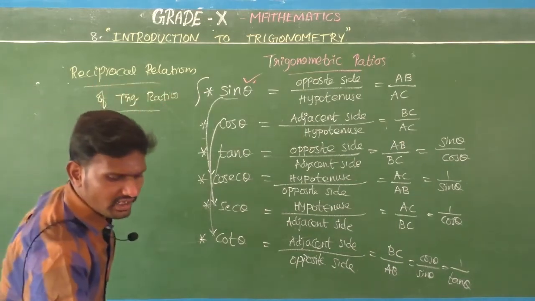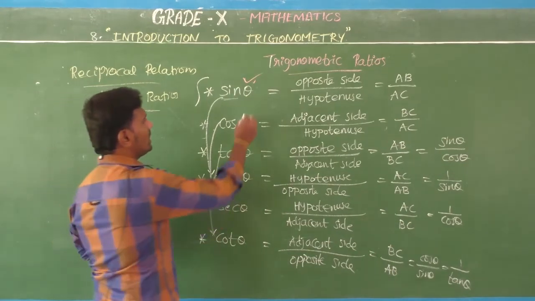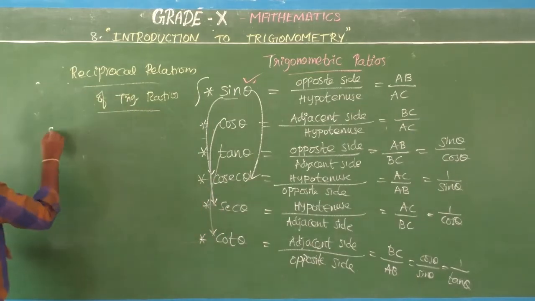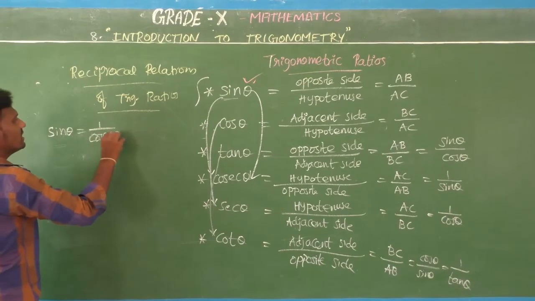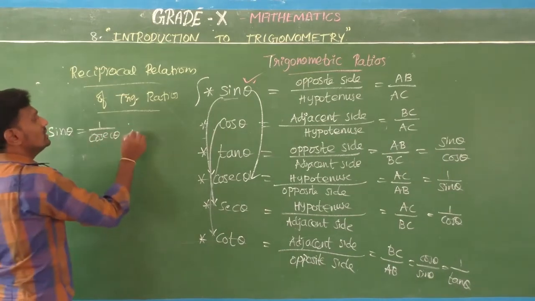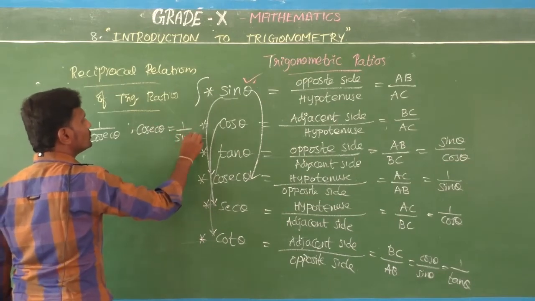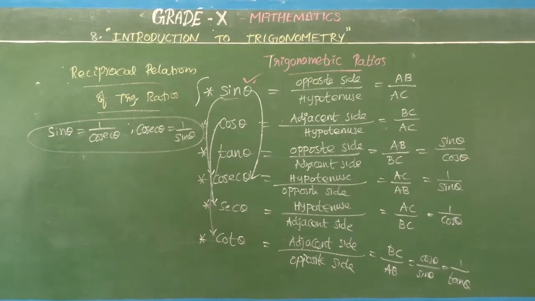See, already I told you sin theta and cosecant theta are reciprocal to each other. So sin theta is equal to 1 by cosecant theta, and cosecant theta is equal to 1 by sin theta. So sin and cosecant are reciprocal to each other. Okay, so this is your first.